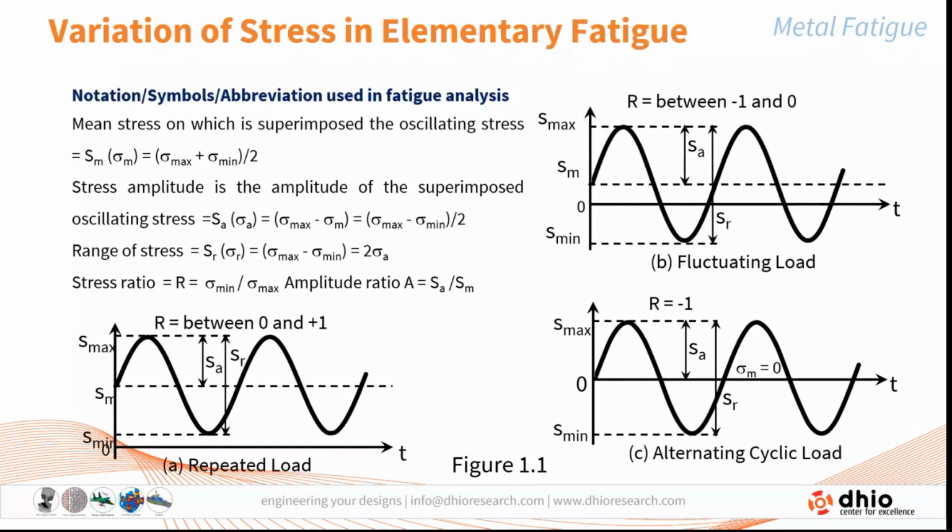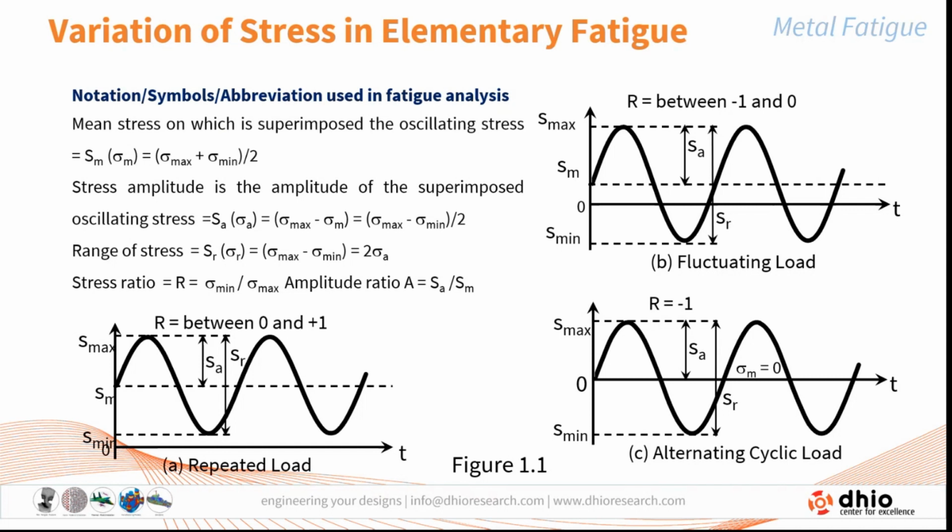So here when we are trying to represent the repeated load, it is subjected to only tensile loading or only compression loading, but there is a variation in the magnitude. Such a type of loading you call a repeated load, in which we observe that the stress ratio varies between 0 and +1.